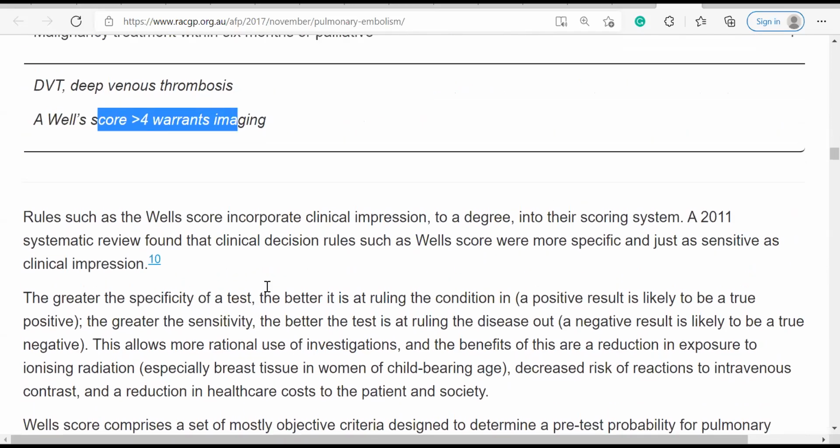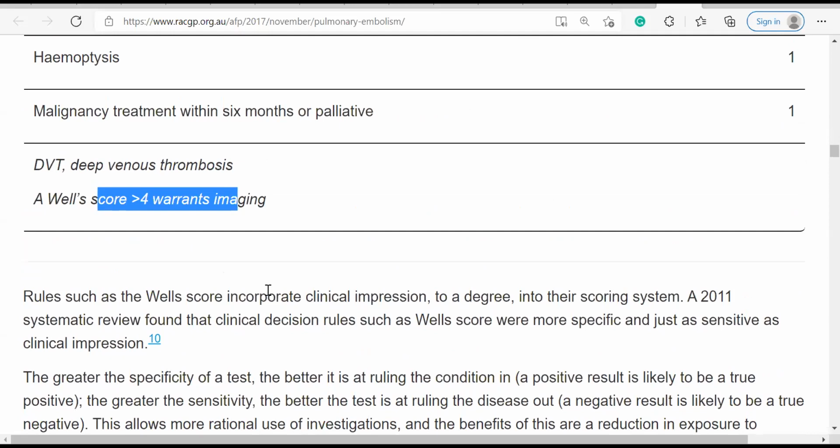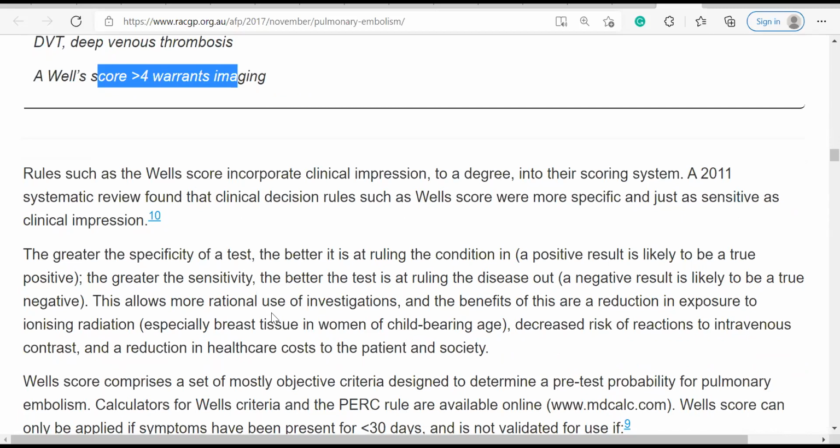All right. Now, let's say if someone's Wells is less than 4, then you can do a D-dimer in that case. But D-dimer, remember, most of the time it's not the answer in your exam because D-dimer is a non-specific investigation. It can be positive in many cases. Like a pregnant patient, if you do D-dimer, most of the time it will be elevated.